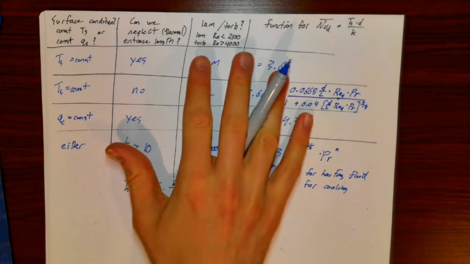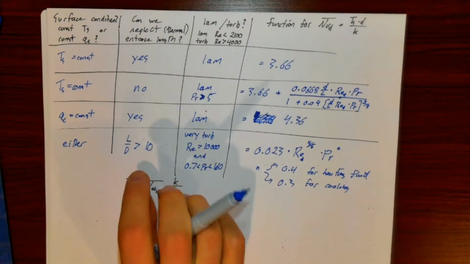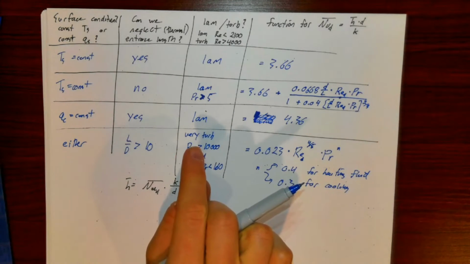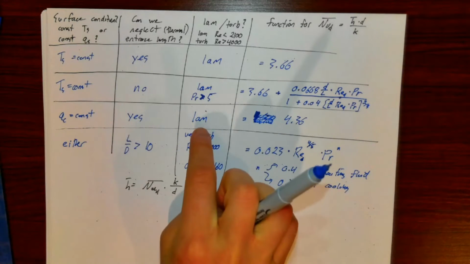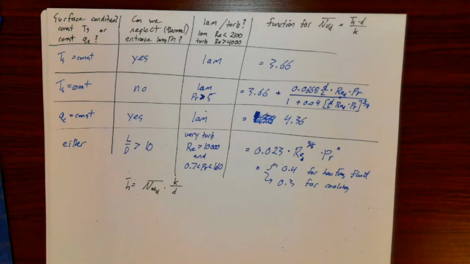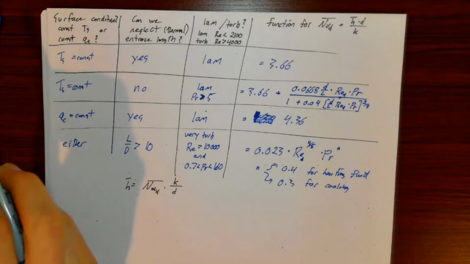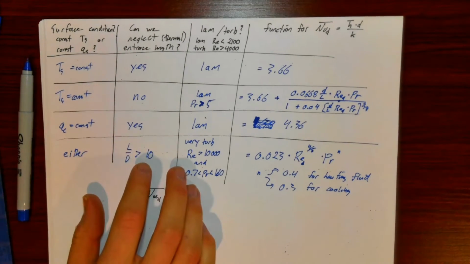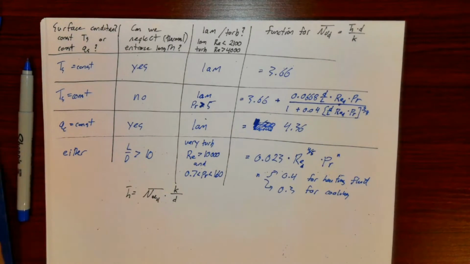So this is an incomplete chart, but I think it's going to be complete enough for you to be able to solve the overwhelming majority of problems you might encounter in heat transfer for bioengineering. So hopefully this chart provides some help.